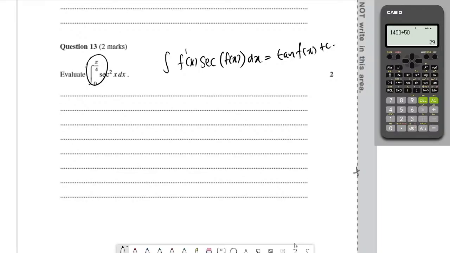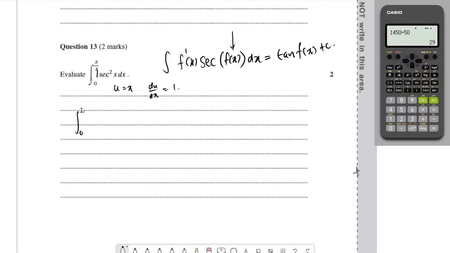Now in this case, because we've got a definite integral, we don't need that. So essentially we need to look at our function. Okay, so in this case our u is equal to x, and du/dx is equal to 1. So we've got that because there's technically a 1 out there, and so we've got the exact form that we need.